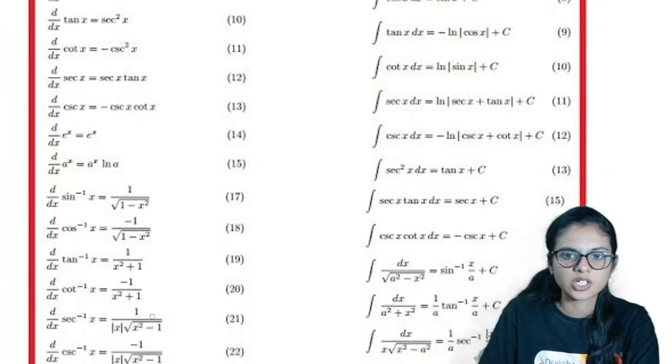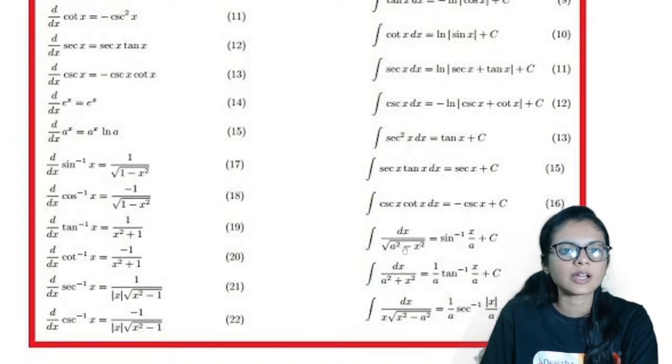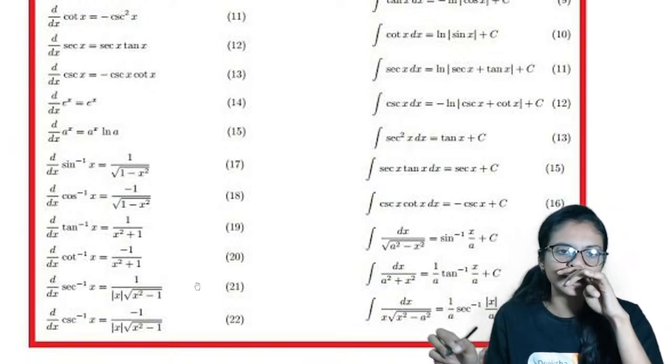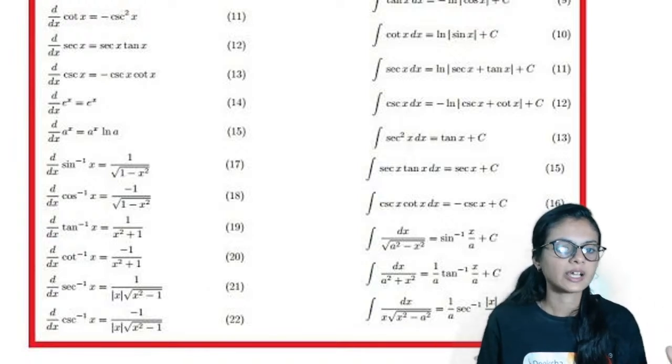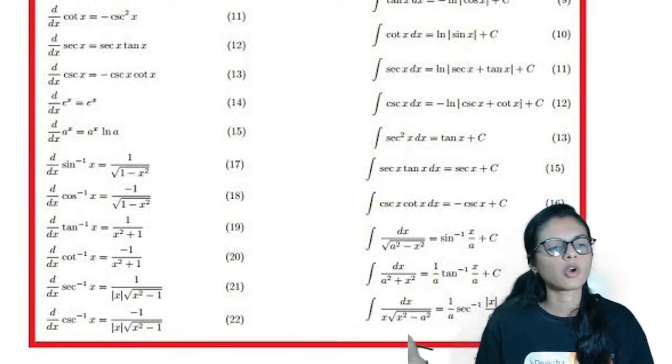Okay, this inverse one. See here, the differentiation of sine inverse x is 1 by root of 1 minus x square. And integration of a similar kind of thing will give you sine inverse x. When we start 11th and 12th, I'll be teaching you this in great depth, but at this point it's not required that I take one formula and keep on explaining it.